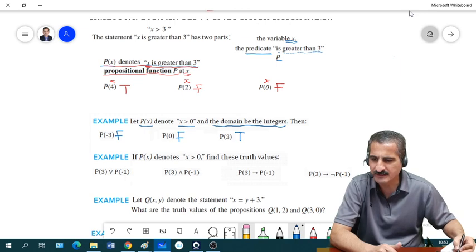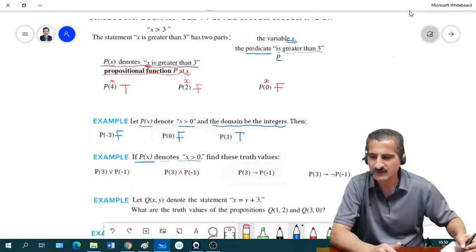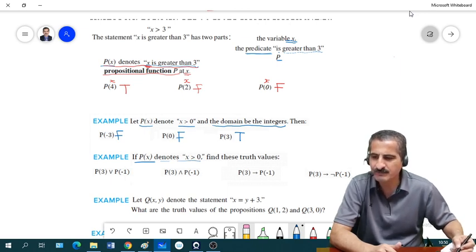Again, the same propositional function P of x denotes x is greater than 0. So we go for P of 3, which is true, and P of negative 1, which is false. So we have true or false, and the truth value of the whole statement is true.